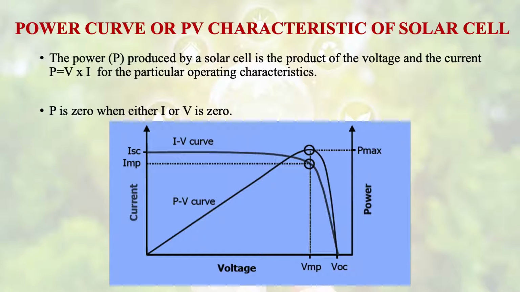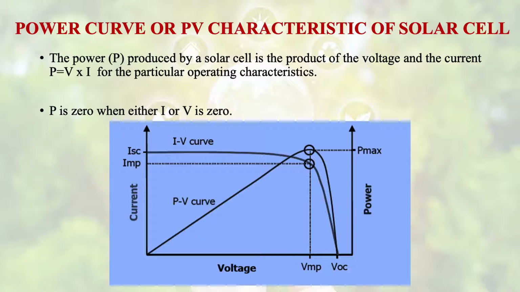You can see in this figure how the power varies with voltage. This is called a PV curve. Power increases with the voltage, and at one point it is maximum, and then it starts decreasing. So this is the PV characteristics of the solar cell, and similarly the IV curve has also been shown here.